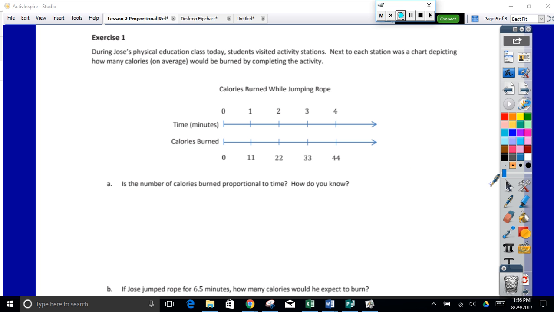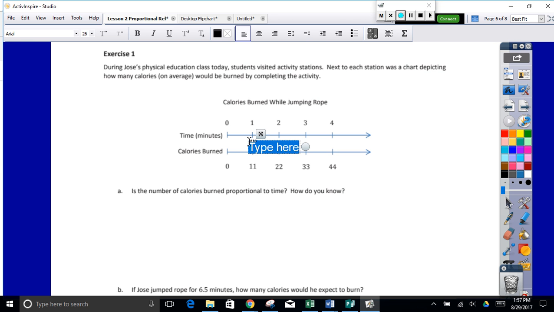How do you know? Well, we would know if there was a number that we could multiply every number in the first row by to get the number in the second row. And looking at a really easy example, we see that 1 times 11 would be 11. And if we look, that is true for all of the items in the table. 2 times 11 is 22. 3 times 11 is 33.